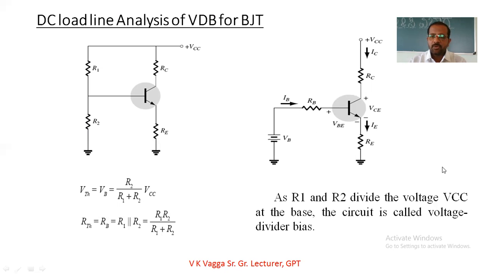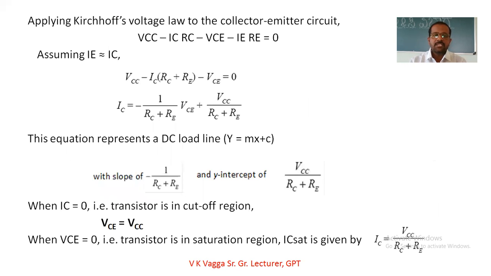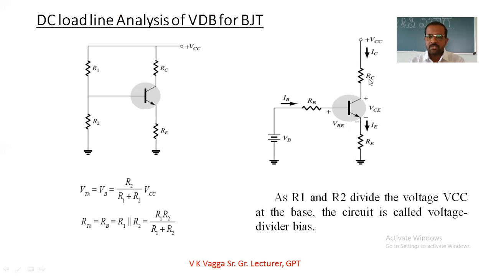I think you know about the DC load line. If you do the simplification for the DC load line, apply Kirchhoff's voltage law to the collector emitter circuit. This is the collector part and this is the emitter part.